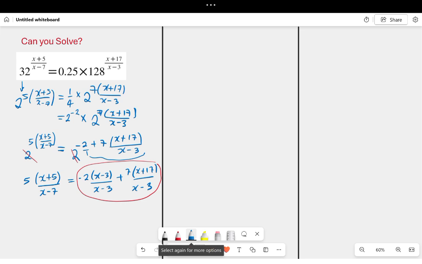All right. Now, getting a single fraction, for what we have after the equal sign, it's going to be minus 2. Actually, we can open the brackets of the numerator. So minus 2x plus 6. I did this by expanding the bracket.